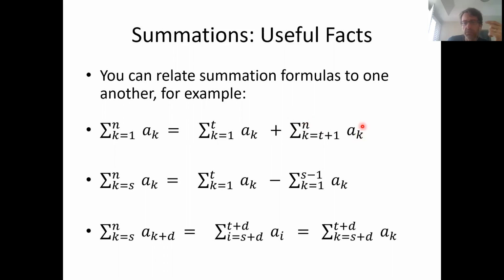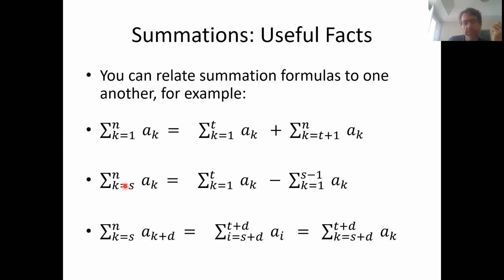So this summation will just simplify to just a_n. And this is natural. The summation of any sequence at point n is the summation of the same sequence at point n minus 1 plus the nth element in the sequence, a_n.